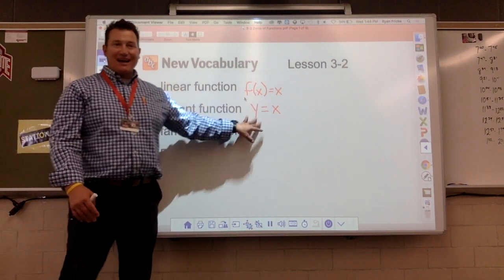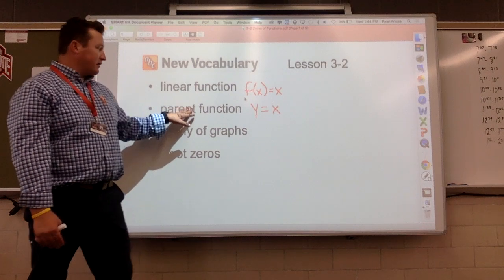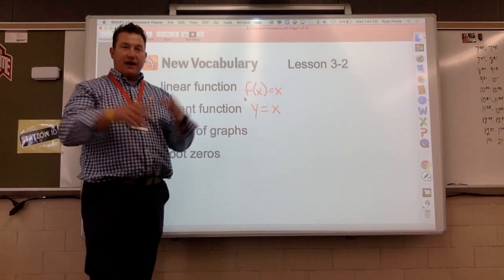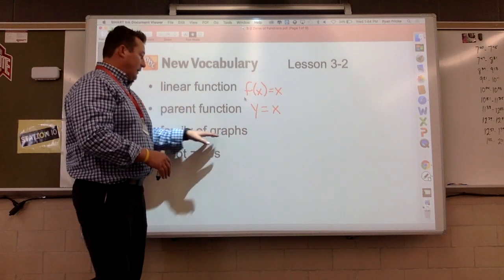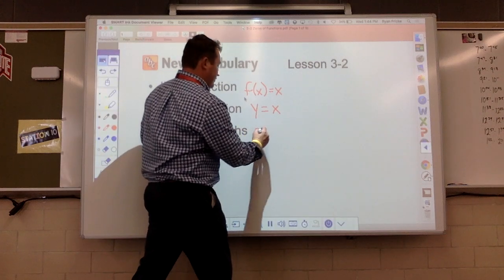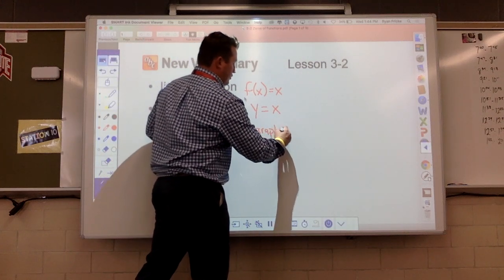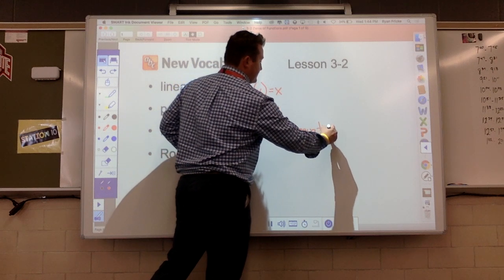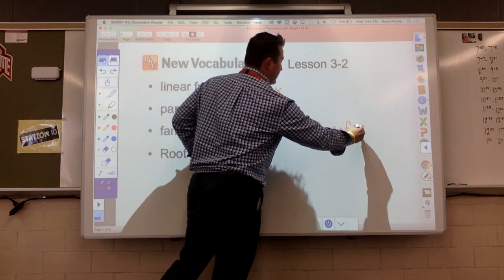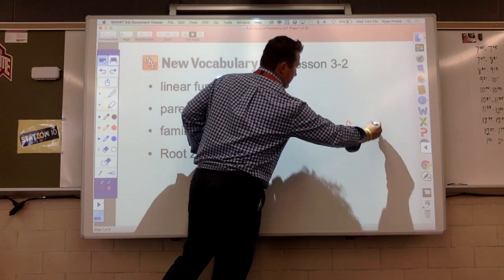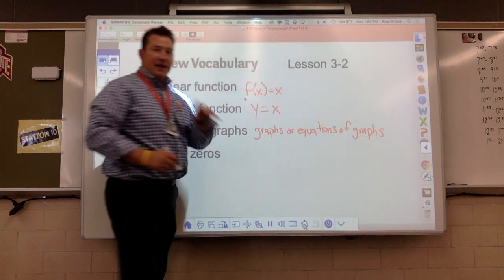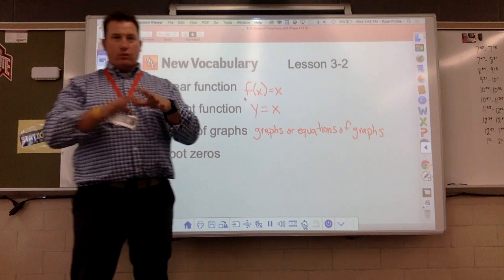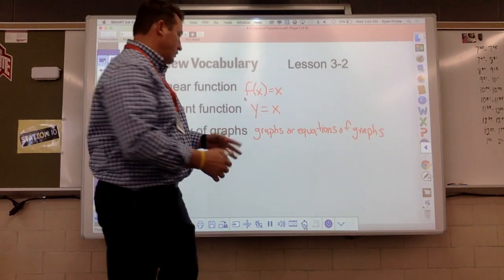Family of graphs. This is kind of what we're going to talk about, parent functions with their family of graphs. So these are graphs, or like equations of graphs, that have one thing in common, one trait, one characteristic, one feature, okay?